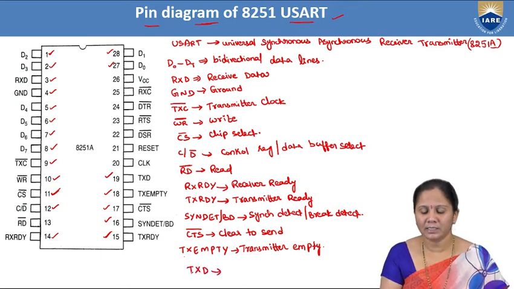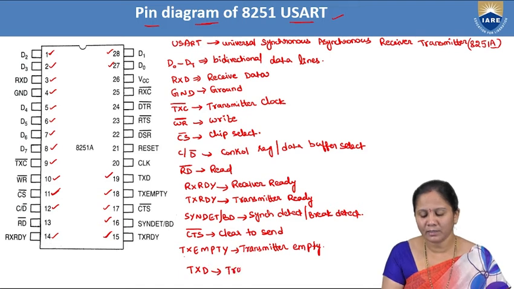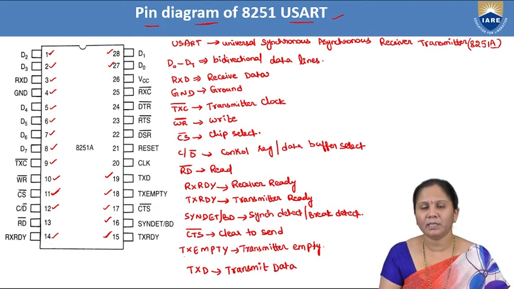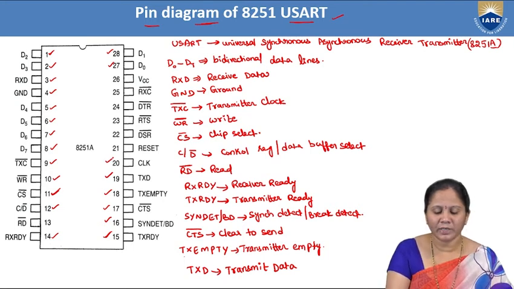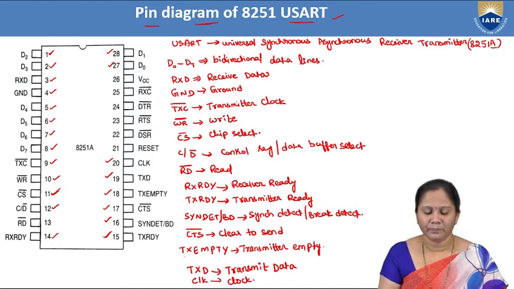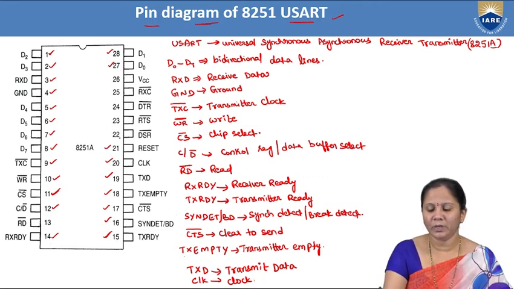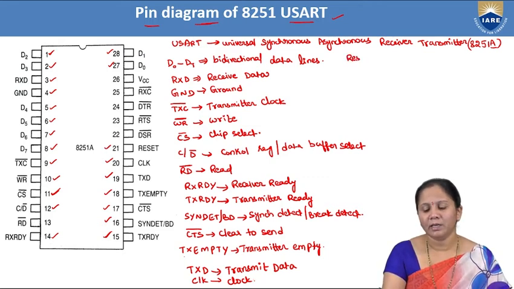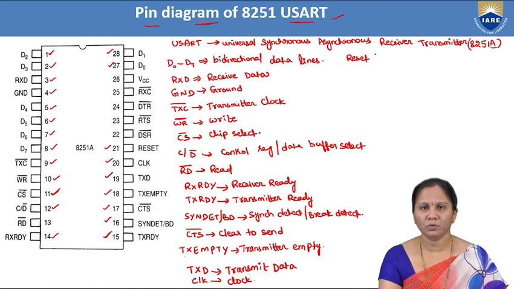TX represents transmit and D is data, so TXD represents transmit data. The 20th pin is CLK, which represents the clock signal. The 21st pin is a reset signal, which is used to reset this 8251A USART.